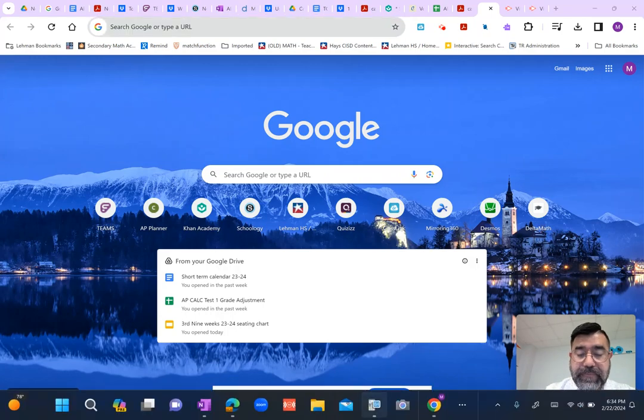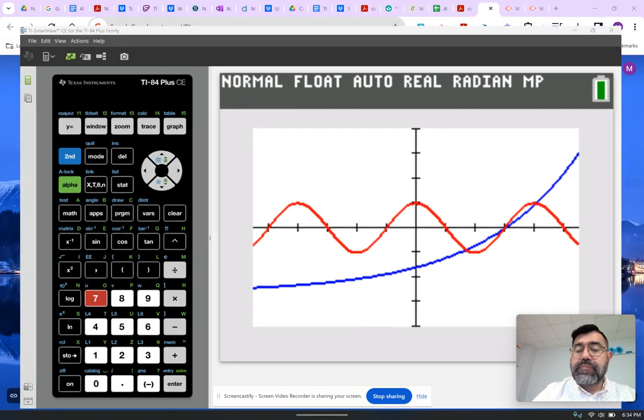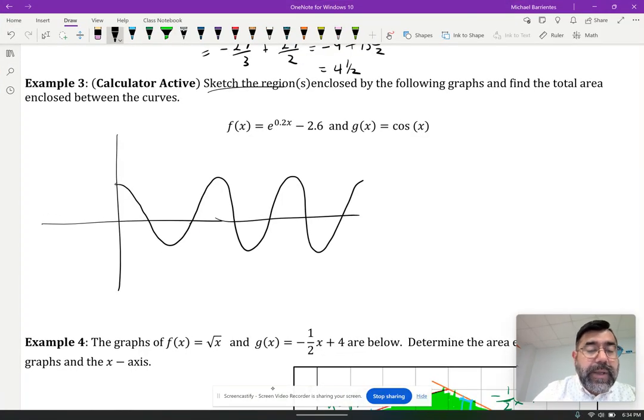Oh, no. Okay. So let's go back. So the line goes something like this. Or the curve, I'm sorry. The curve goes something like this. And so we're really talking about this shaded region and this shaded region.